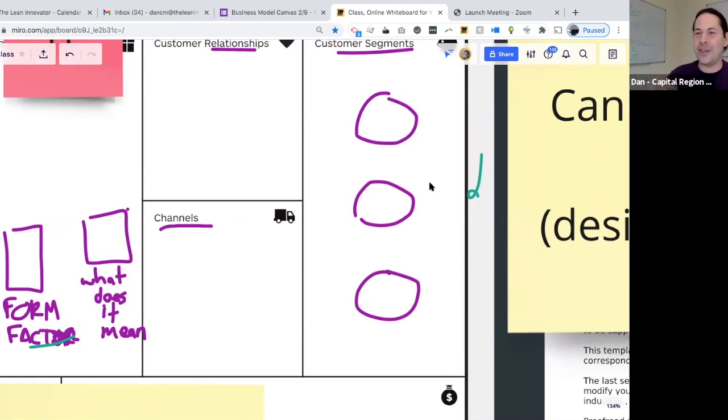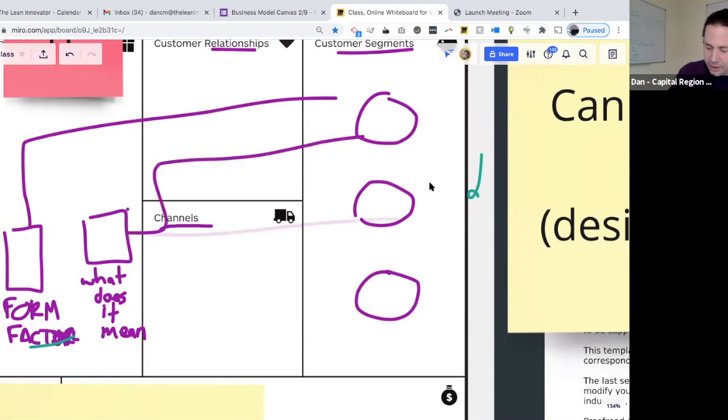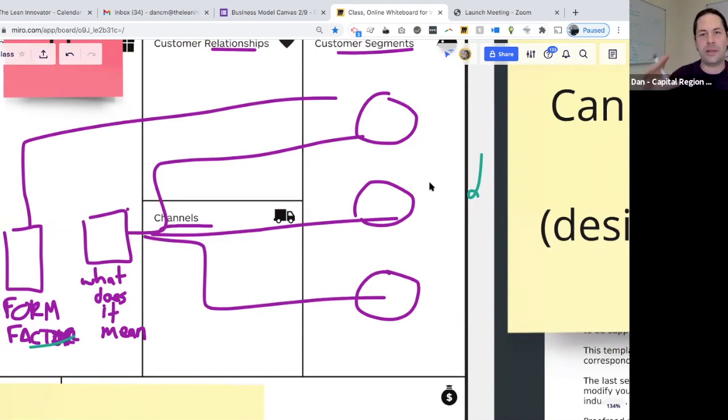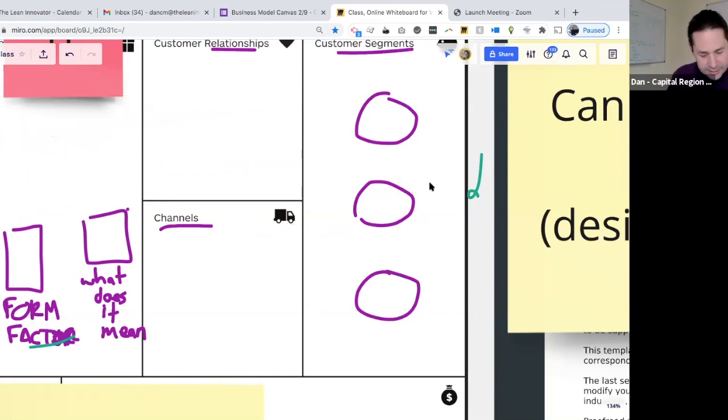So there's three different types of people that want to use it for what it offers, but it might mean three different things to each of these people, right? And so all we're doing with the customer segments is just grouping similar people in similar categories. Okay, all right. So that's that.